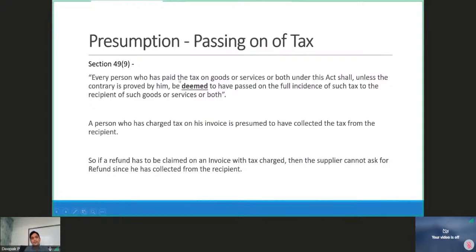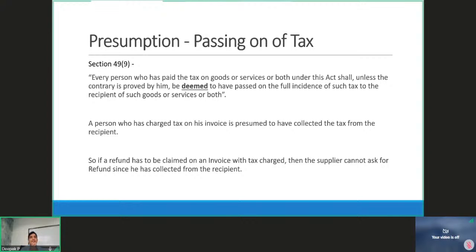Now, this is very important: presumption of passing on the incidence of tax. We have seen 49(1), (2), (8), and now we are seeing sub-clause 9. 49(9) says, I'll read the section first. Every person who has paid the tax on goods or services or both under this Act shall, unless the contrary is proved by him, be deemed to have passed on the full incidence of such tax to the recipient of such goods or services or both.